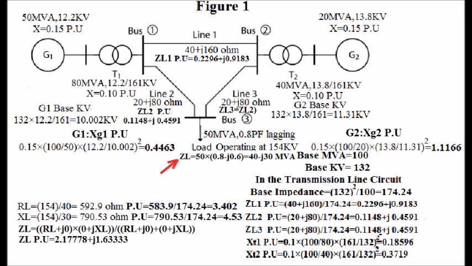The corresponding parallel impedance RL and XL is shown in the display and the load impedance is equal to 2.17778 plus j1.63333. Per unit values of generators, transformers, transmission lines are marked in the figure 1.